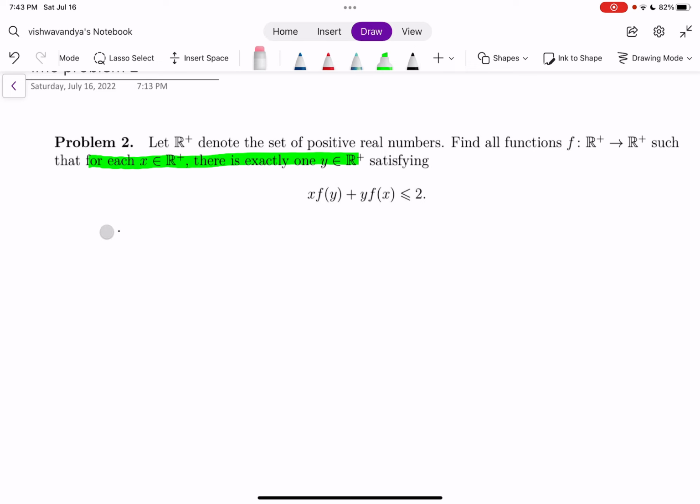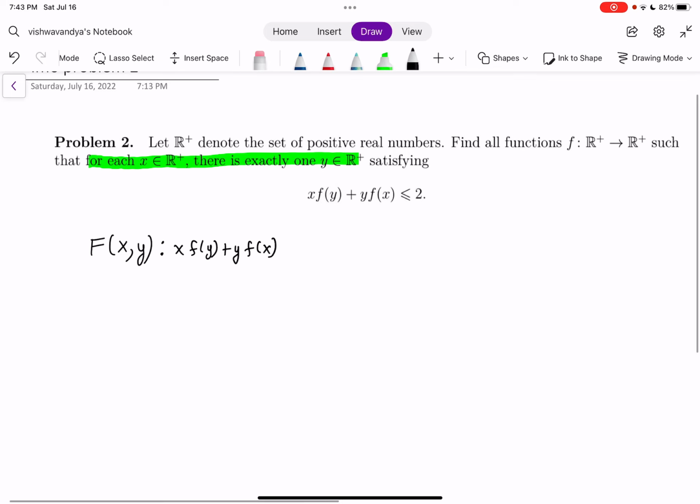So firstly, to simplify things a bit, let's denote this assertion by f of x, y, as this one.